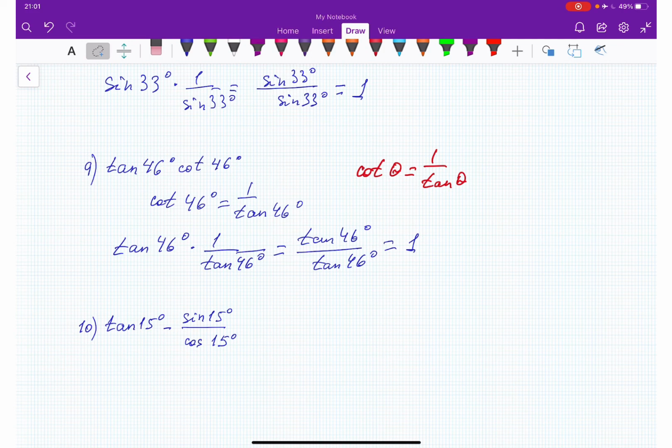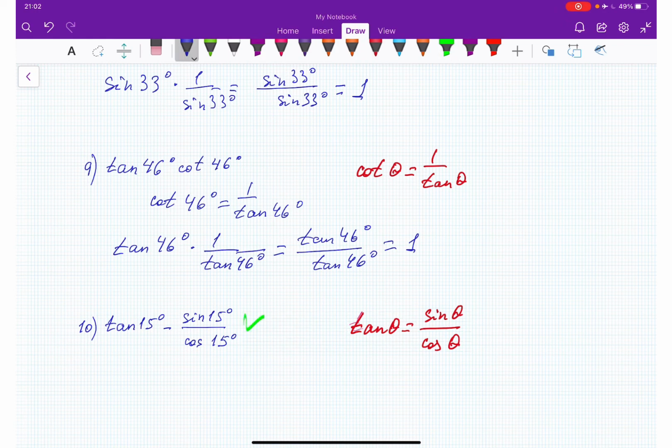We know that tangent theta is equal to sine theta over cosine theta, right? So do we have here sine over cosine?